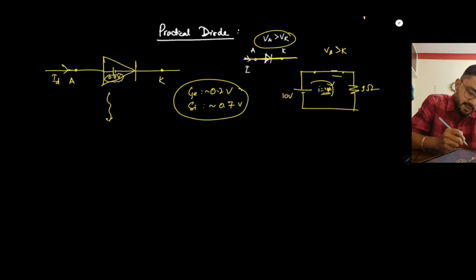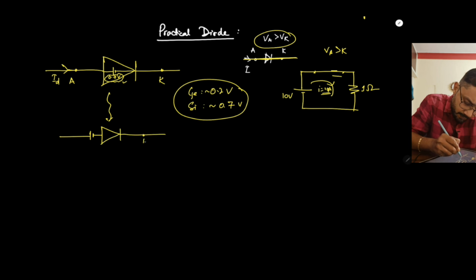So let's analyze the diode now. To analyze that, you shift this voltage drop to just before the diode. Suppose this is 0.7 volt. So what will be the condition for the diode to conduct?